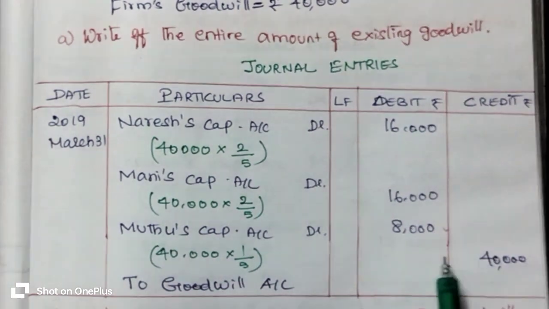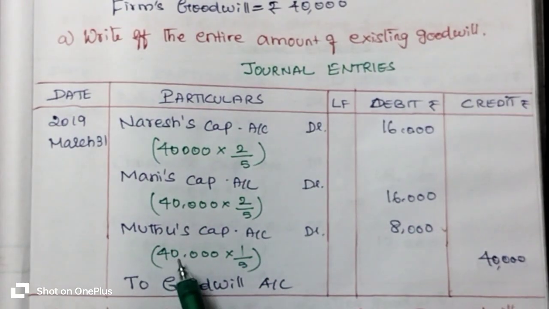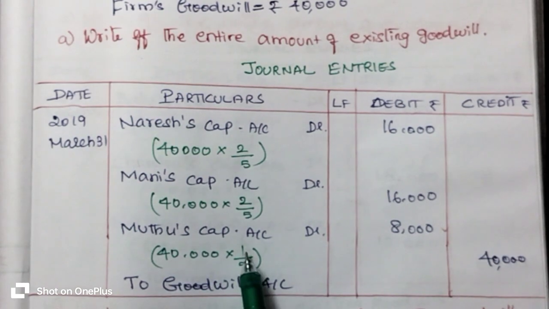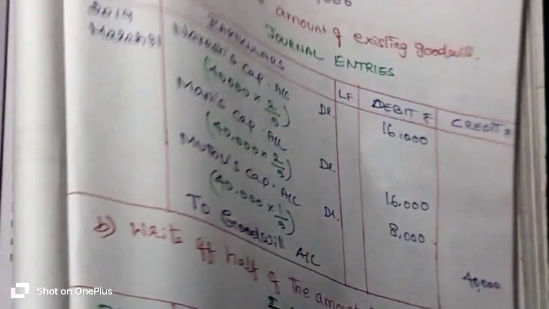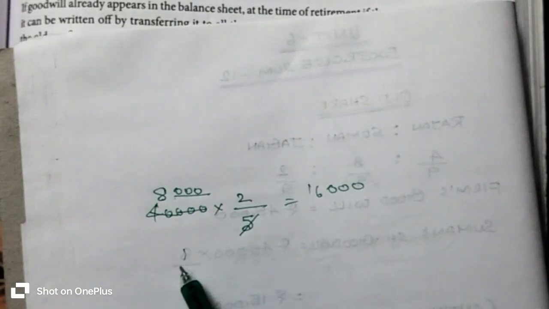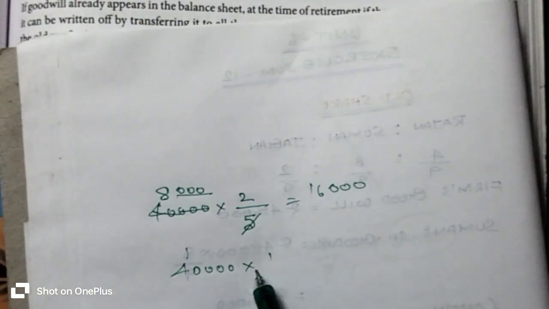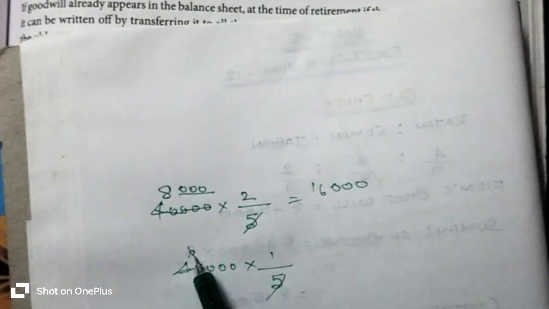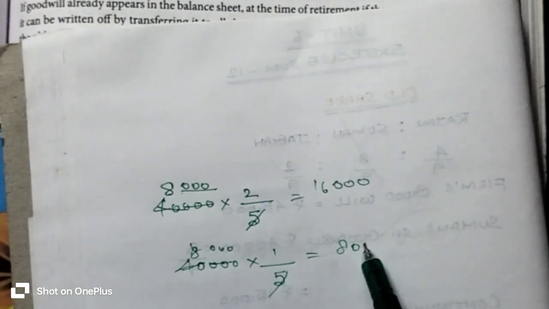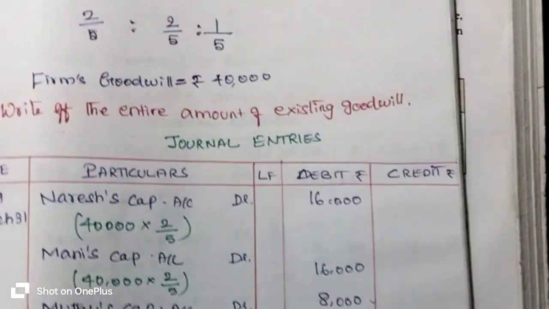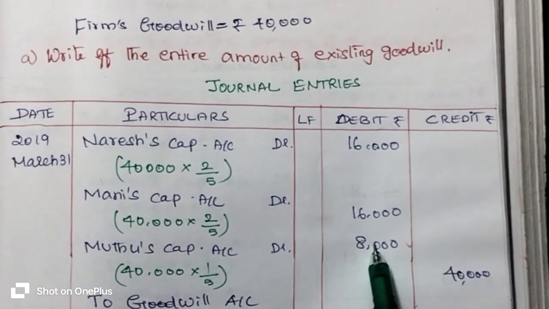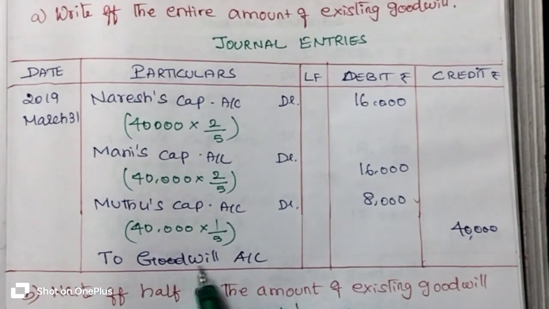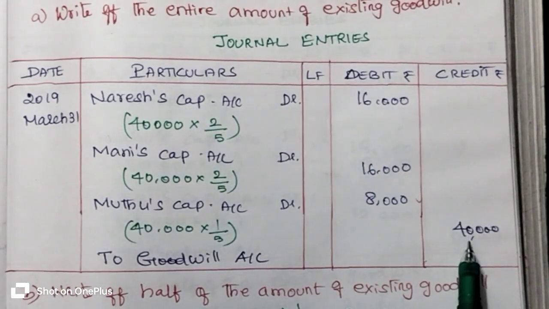Then Muthu's capital account: 40,000 into Muthu's gaining ratio, the old profit sharing ratio, is 1/5. 40,000 into 1/5: 5 eights are 40, then add three zeros. So 8,000 rupees is transferred to Muthu's capital account. Then goodwill account is to be credited 40,000 rupees.